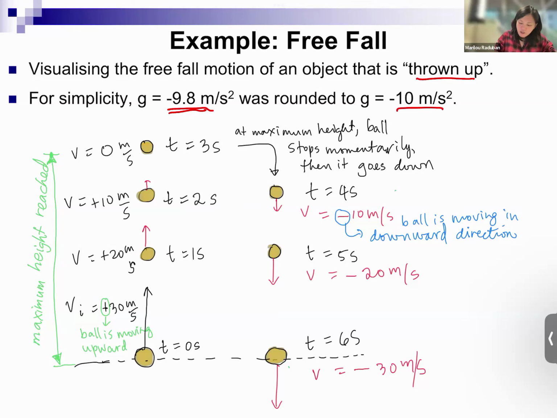So if we assume that 9.8 is rounded to 10, that means that after 1 second, the velocity of the ball will be 20 meters per second. It would have decreased by 10 meters per second every second, so that after 2 seconds, the velocity will be 10 meters per second.